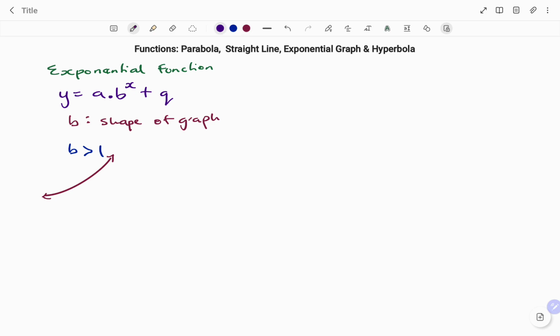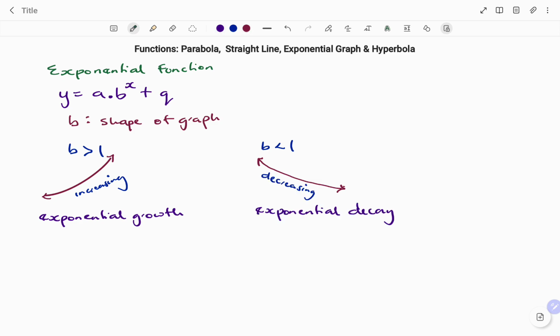Then I have an exponential growth. That is, the graph is increasing, while if the value of b is less than 1, then that will be decreasing as shown. And thus, there will be an exponential decay.